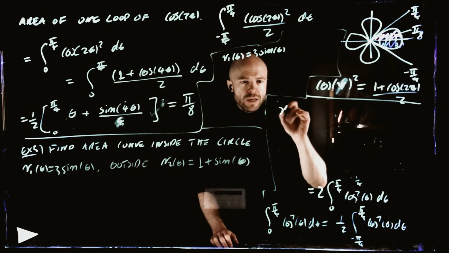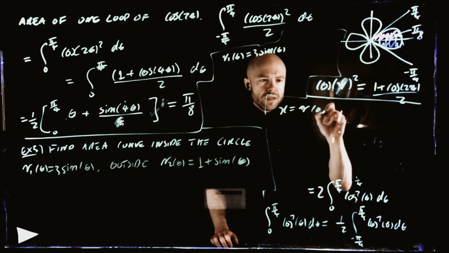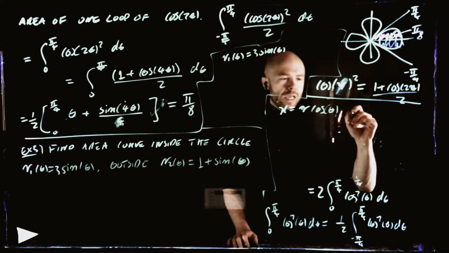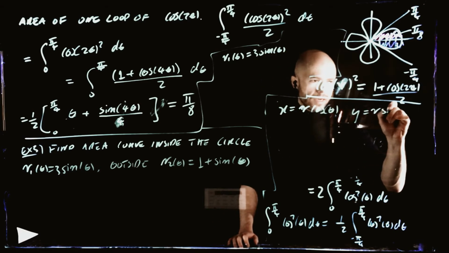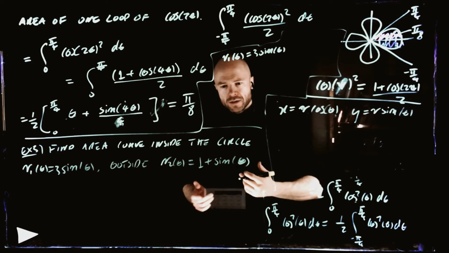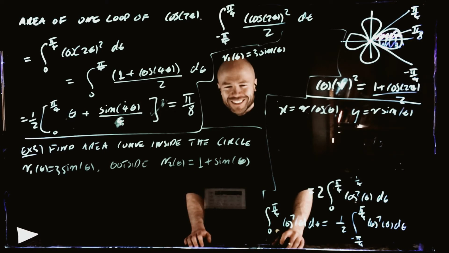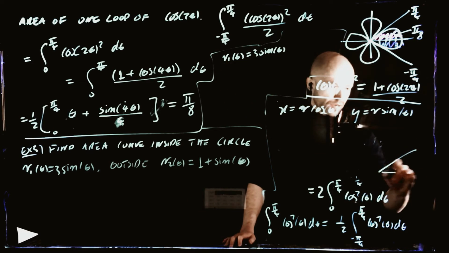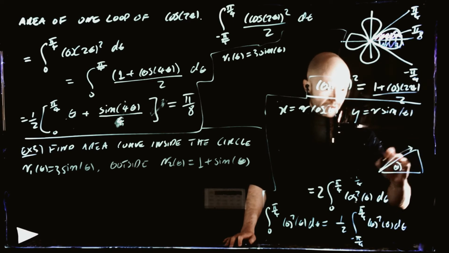So we indeed have that x is equal to r cosine of theta just by trigonometry, and y is equal to r sine of theta. Are there any other relationships between x, y, theta, and r that are useful? Again, it's just falling out from trigonometry. Let's draw a right angle triangle. This is theta, this is the radius r.